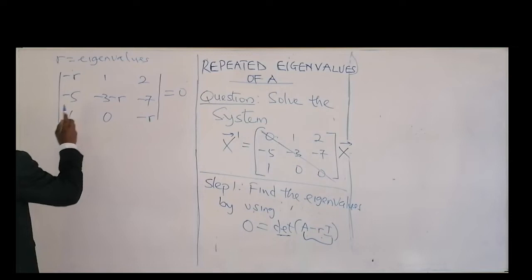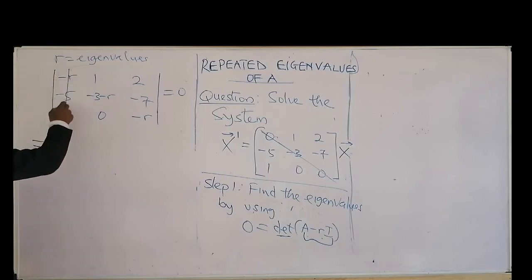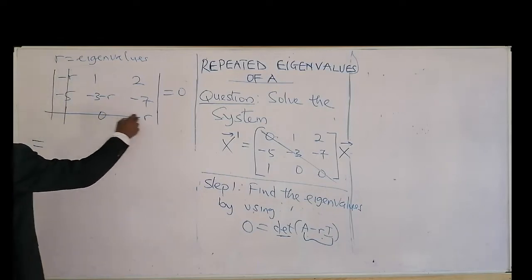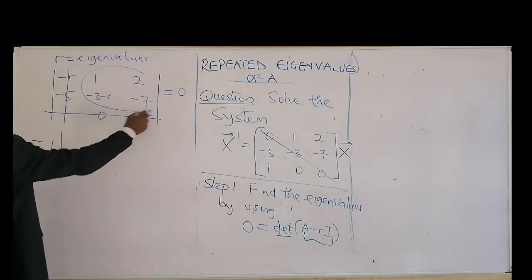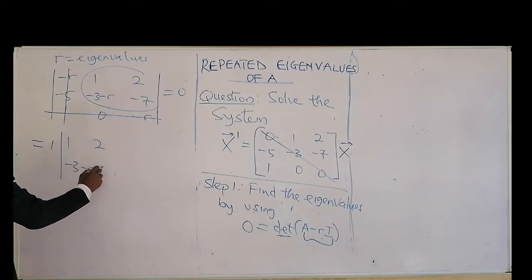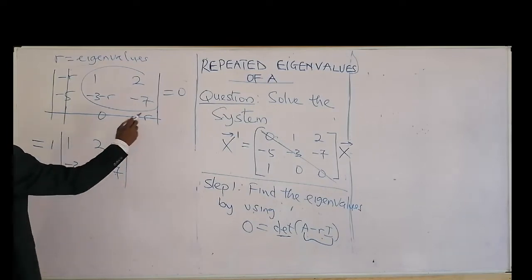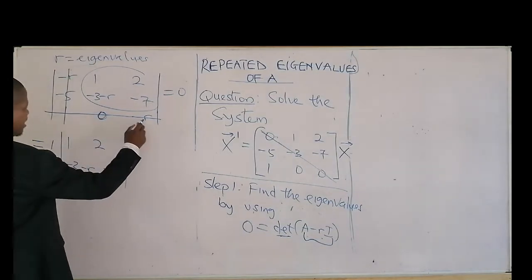So I'm evaluating along this row. We cover this place vertically and horizontally, so we have 1, and that will be the determinant of the remaining entries: 1, 2, minus 3 minus r, minus 7. Then this is 0 here, so we'll skip that place.